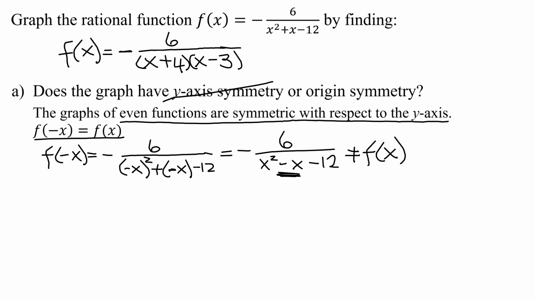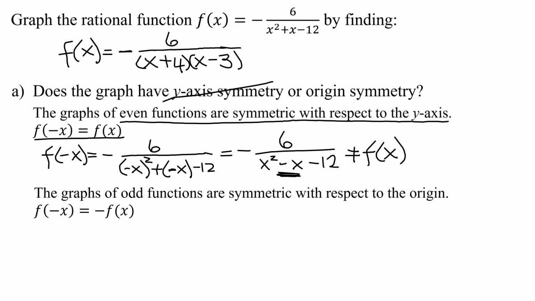Now we need to look at origin symmetry. So the graphs of odd functions are symmetric with respect to the origin. And odd functions, f of -x equals -f of x. I've already found f of -x here. All I have to do now is find -f of x.